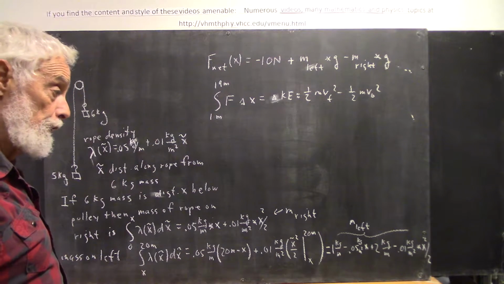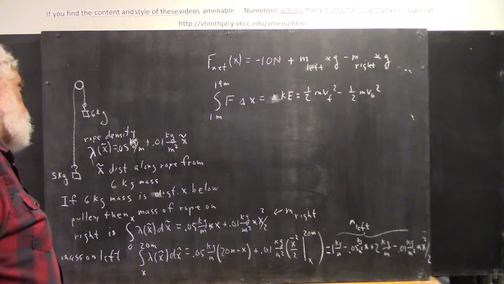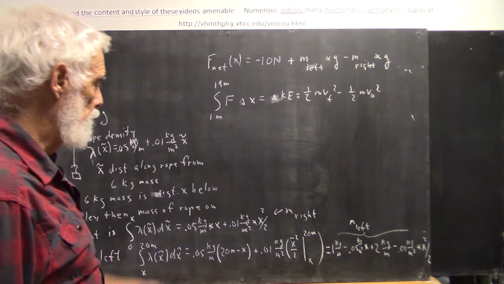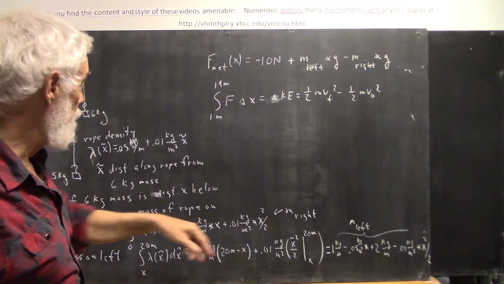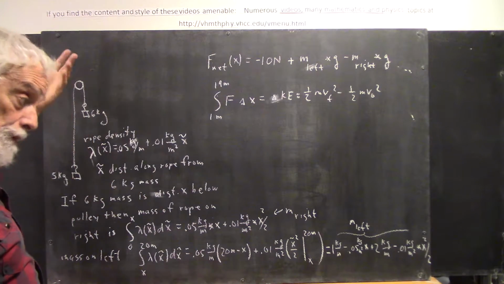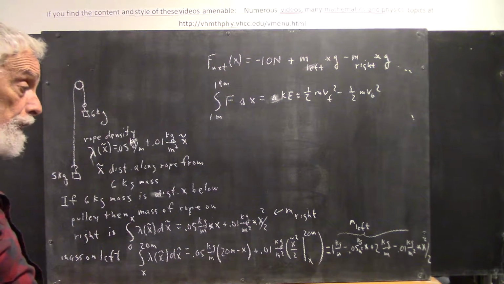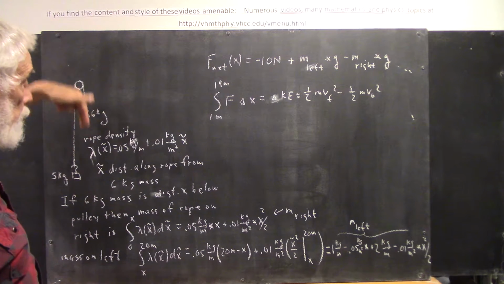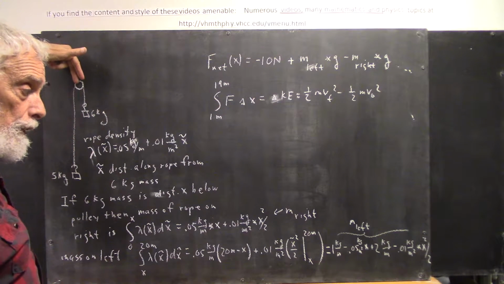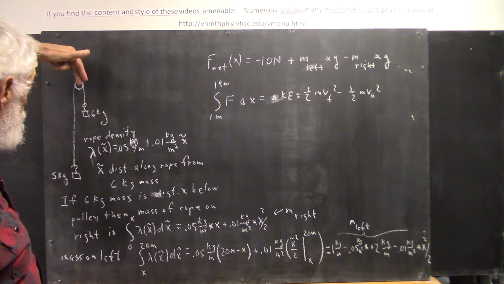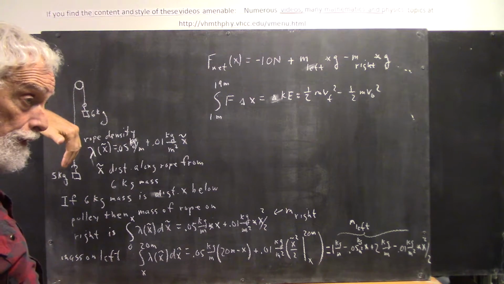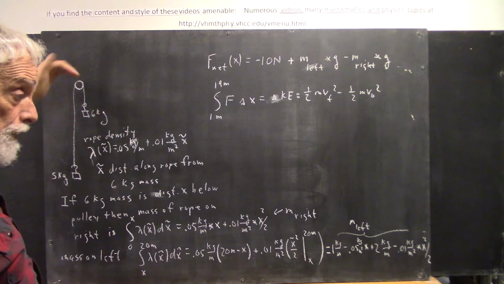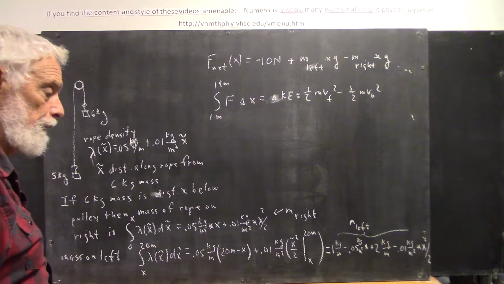The net force then is equal to what? It's equal to the negative of the mass on the right times the acceleration of gravity, because of course the weight of the rope plus the 6 kilograms on the right acts in the counterclockwise direction, which we'll take to be negative.